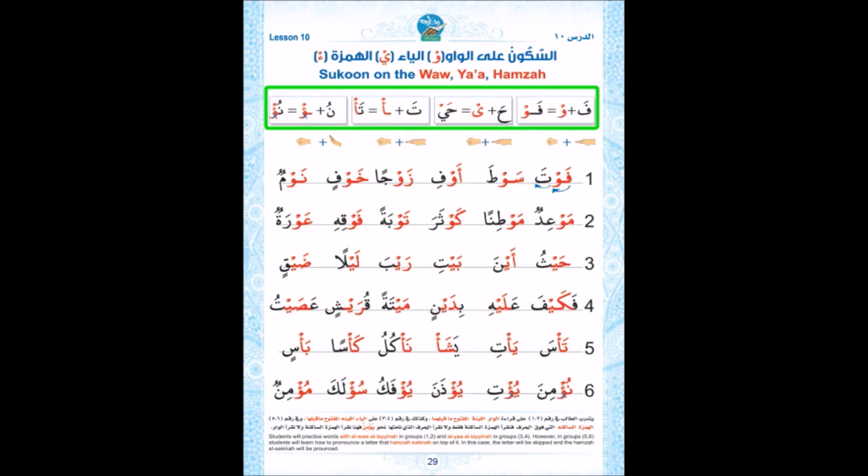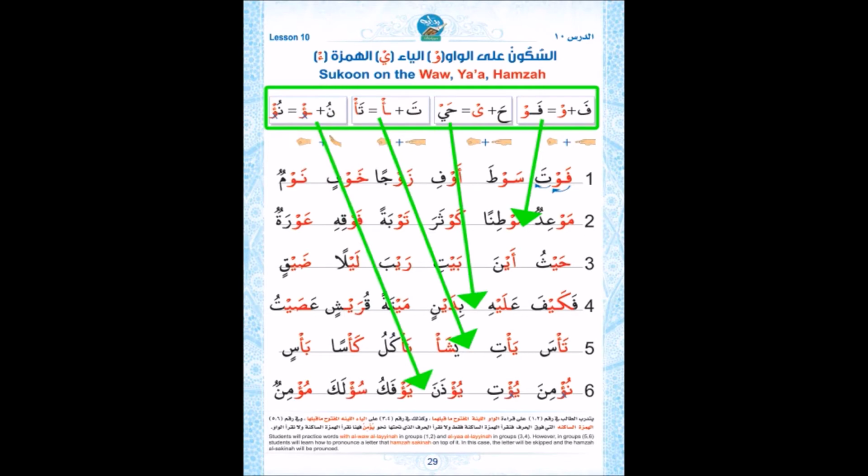This page is very straightforward, and this lesson is split up into 4 main sections, each one represented by a box. For example, the first box refers to lines number 1 and 2. The second box explains lines 3 and 4. The third box explains line 5, and finally the last box explains line 6.